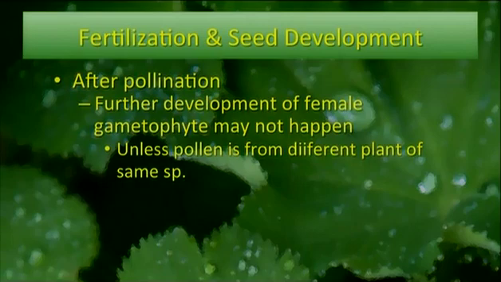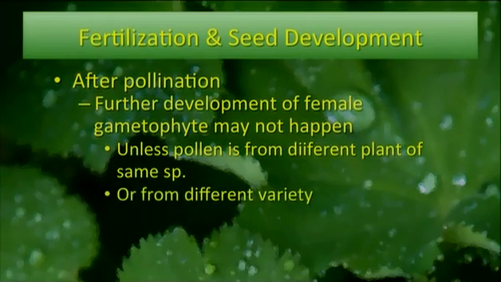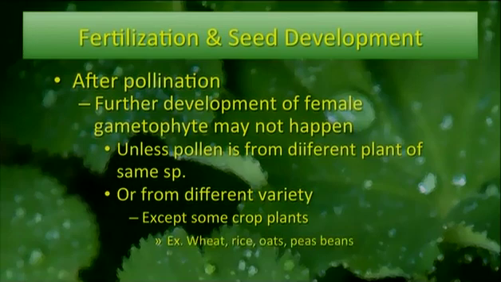Many plants are not self-fertile, they're self-incompatible, or they have to be from a different variety of the same species, except for some crop plants. Crop plants are a whole entity unto themselves, such as wheat, rice, oats, peas, and beans.